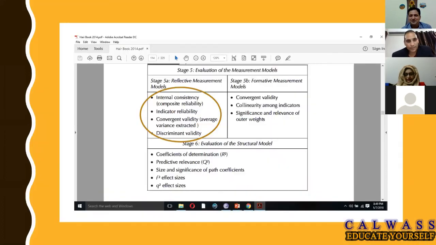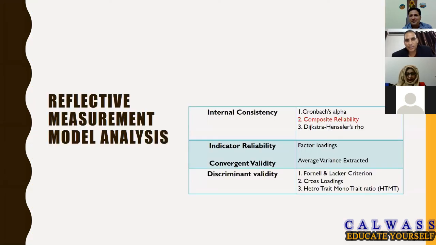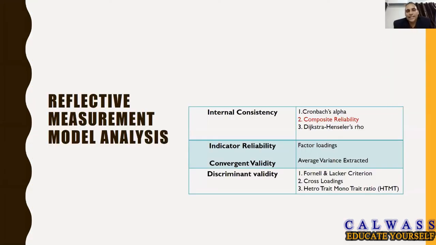The first thing we'll see is internal consistency, right? In internal consistency, we have three available options to check it: Cronbach's alpha, composite reliability, and Dijkstra-Henseler's rho, right?